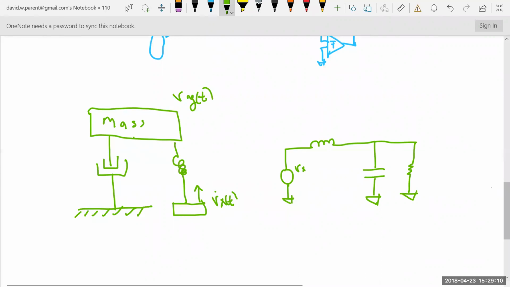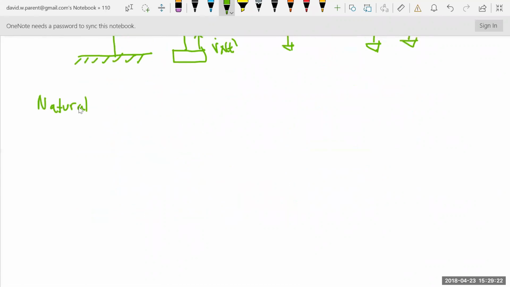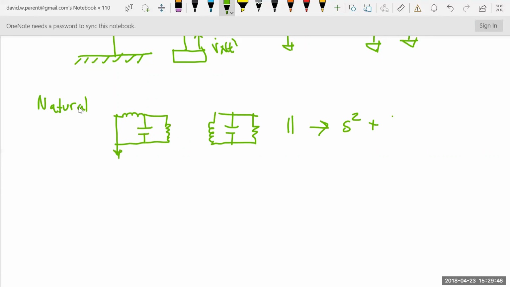All right. Now, here's the thing. If I find the natural response, that means I'm really finding this, which is really this, which is really the parallel. You might by now just have this memorized because you have done it so much, right?